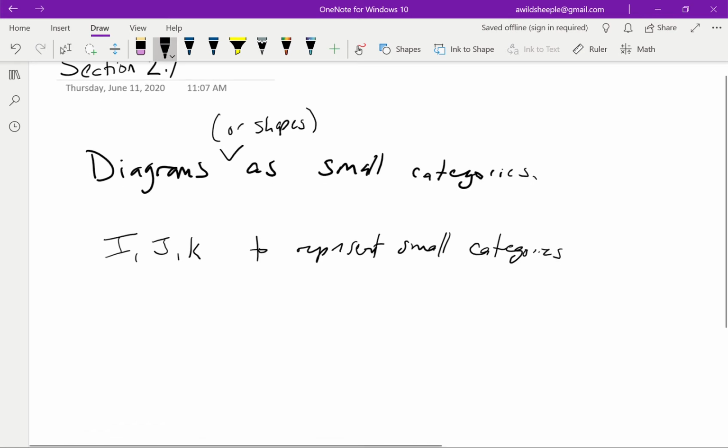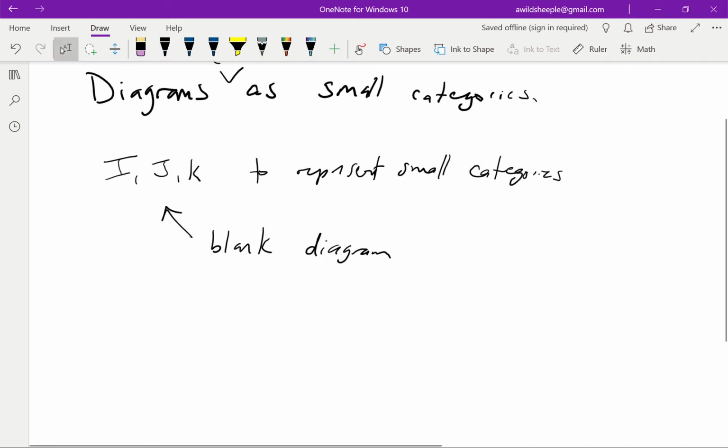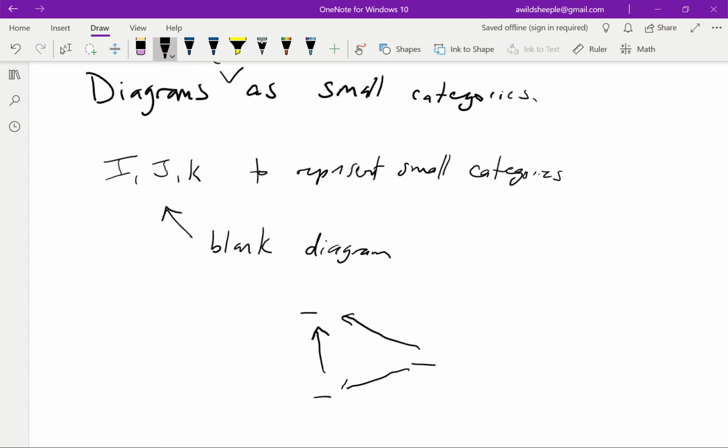What you should do is think of such a category as a blank diagram. That means it's basically a diagram where you've got a bunch of objects, maybe like this, and morphisms between them. And we haven't yet filled them in with anything.